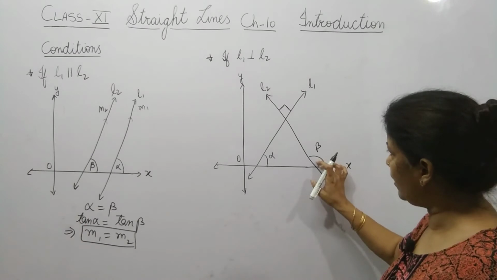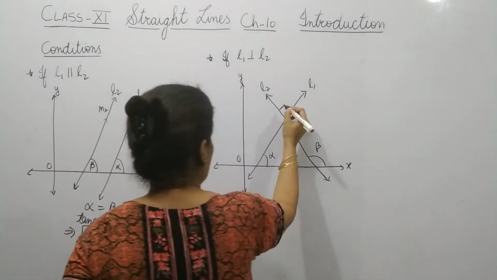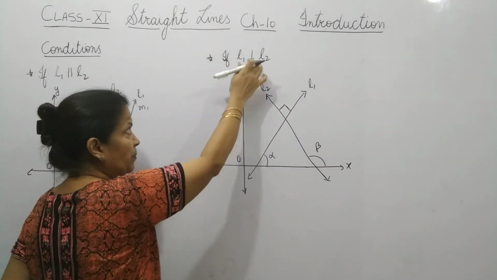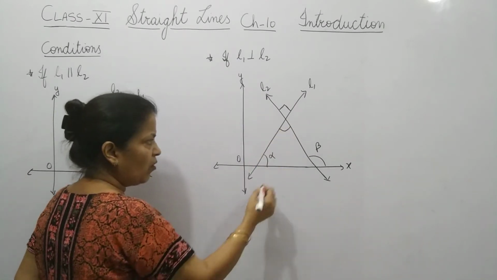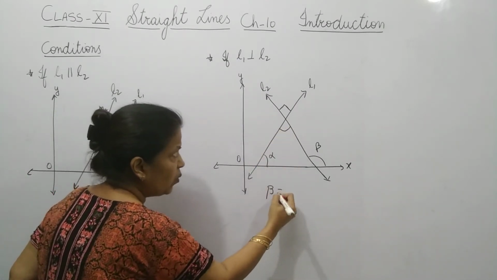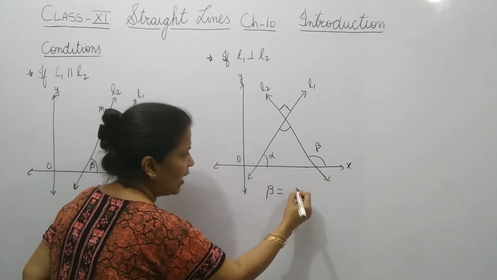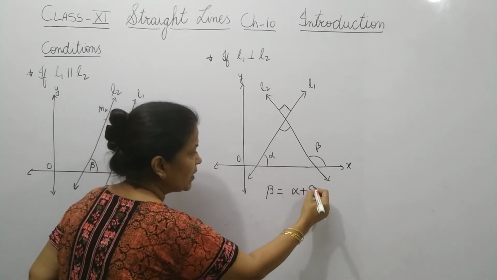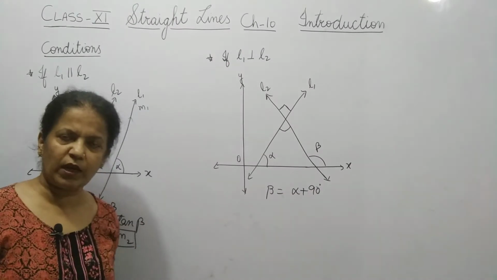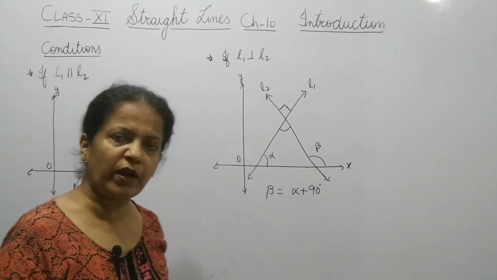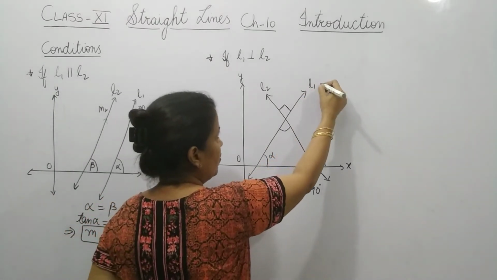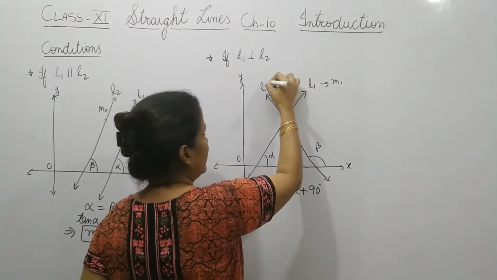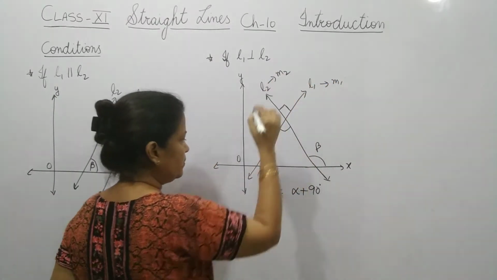So from here this beta, since this is 90 degree perpendicular, so this will also be 90 degree. Okay, so the beta we can write as alpha plus 90 degree. Now we will try to find out the condition of two slopes over here. Let its slope be m1 and its slope be m2.